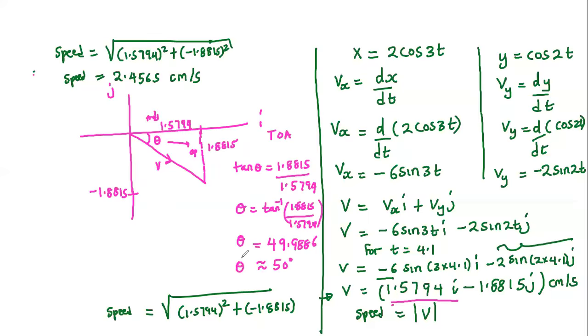Please take note. I am going to have two things here. The second one, I know some of you are also used to saying that tan inverse, since this was negative, you could as well say negative 1.8815 divided by 1.5794. Now, when you do like this, your angle is going to be negative. 1.8815 divided by 1.5794, and arctan of that. What do you get?